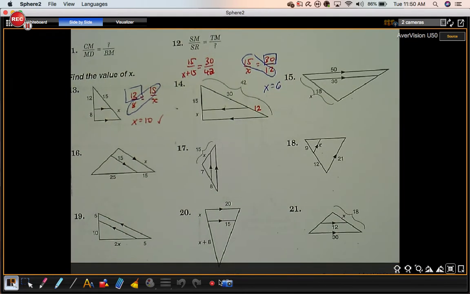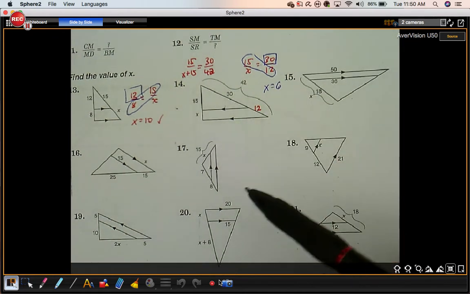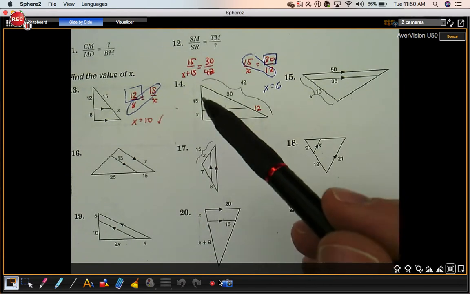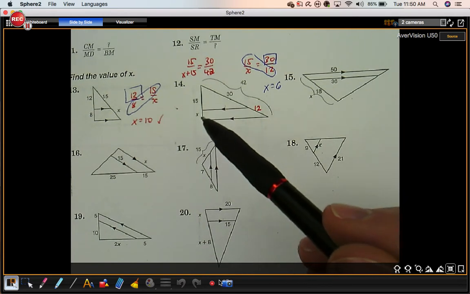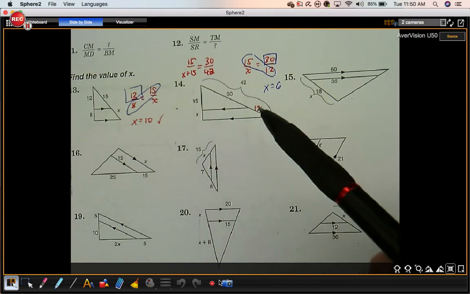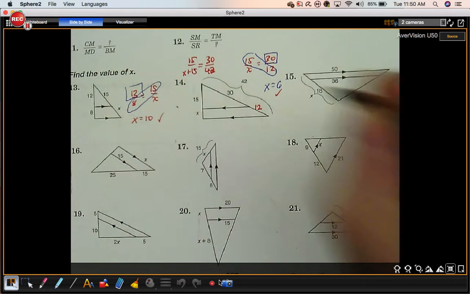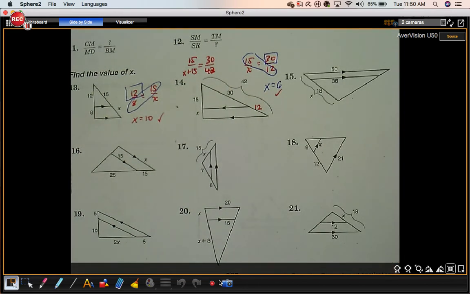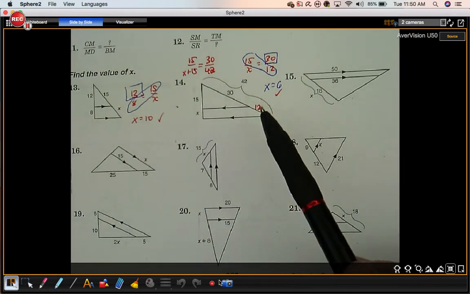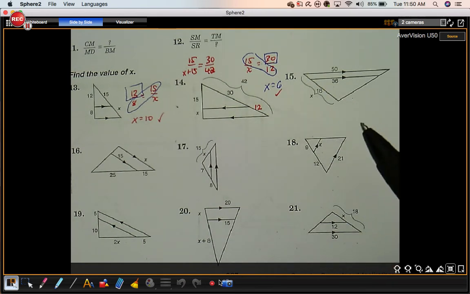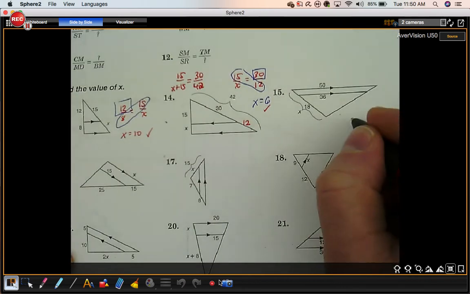You can check your work. 30 to 12, is that the same thing as 15 to 6? 15 to 6 would be 5 halves. 30 to 12, 6 goes into both, it would be 5 halves as well. Okay, so keep your eyes open for situations where they have that bracket. That's showing you entire sides. Okay, so we'll do this one.